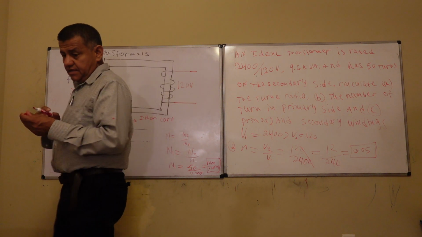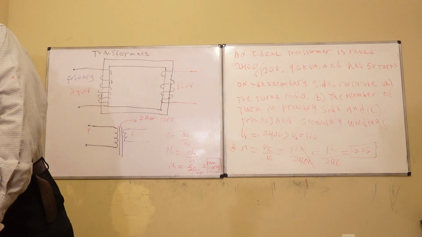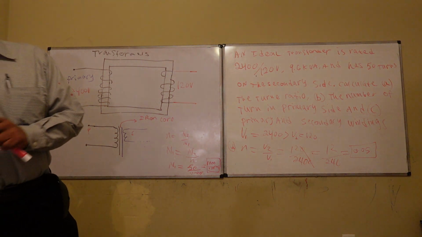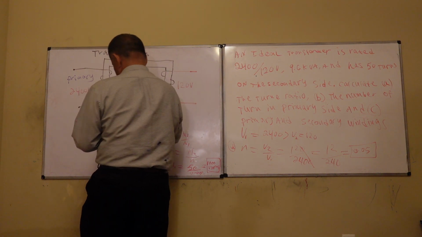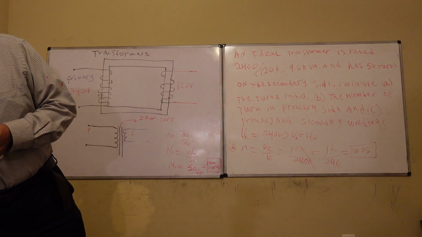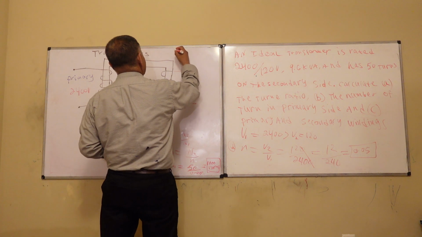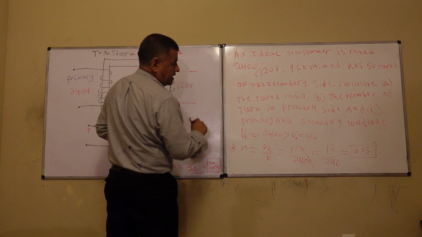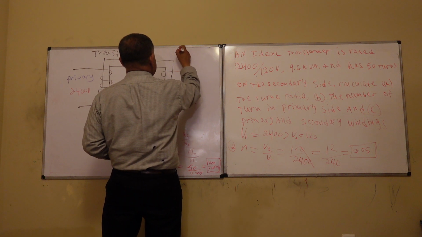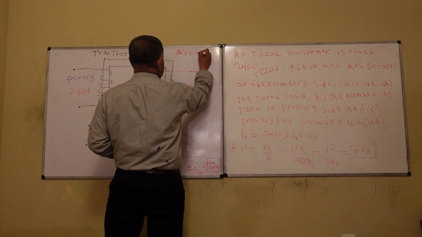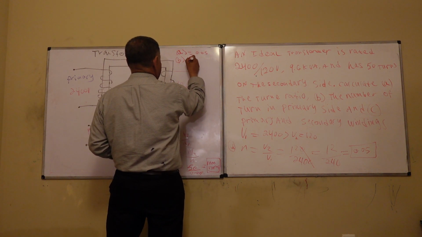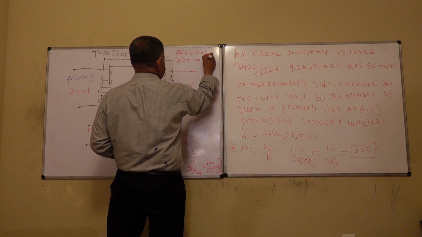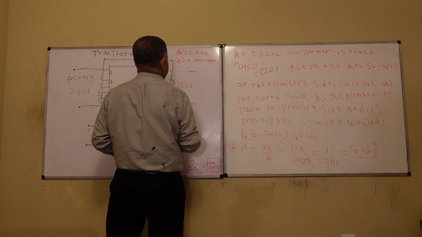A is equal to 0.05. B is 1,000 turns, right?